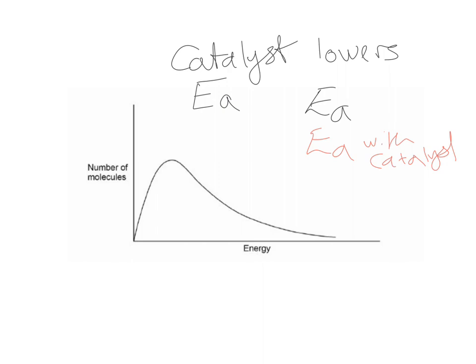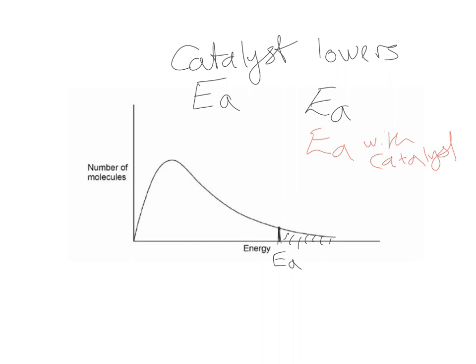So let's start with our activation energy, let's say it's here. This is our EA, and at this point only these particles are able to react, which is a very small proportion of the total number of particles.